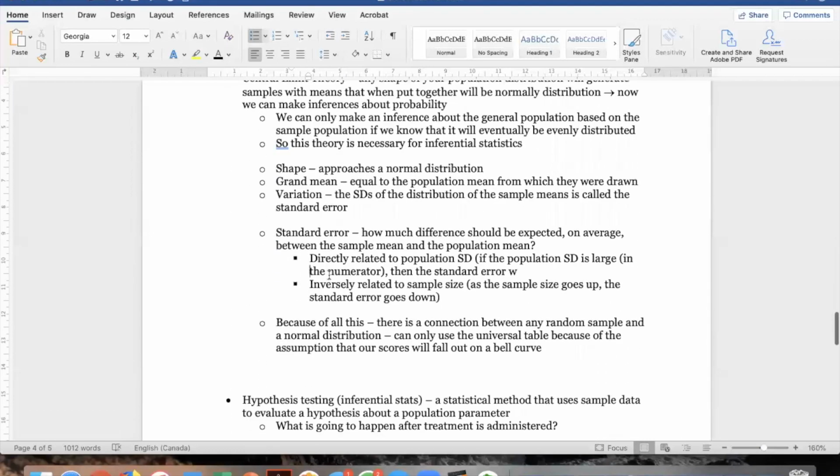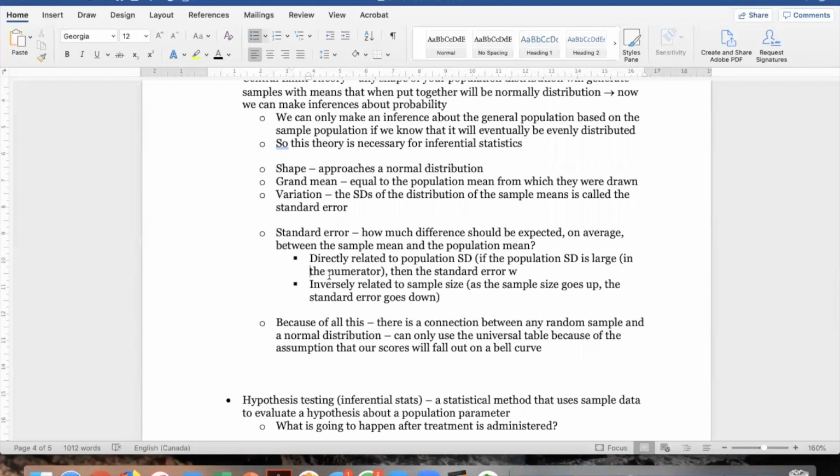The standard error is basically the standard deviation, but it's the standard deviation when, instead of scores, you have a bunch of different studies and you're looking at the means of all of those different studies.